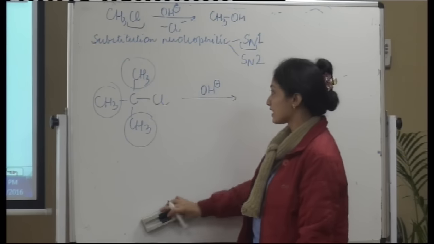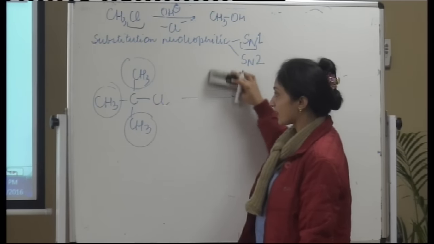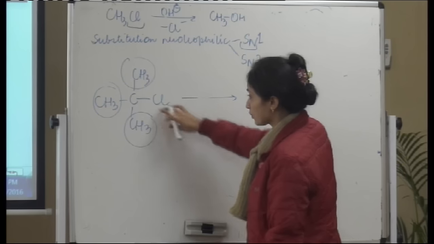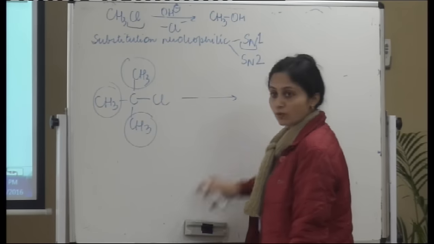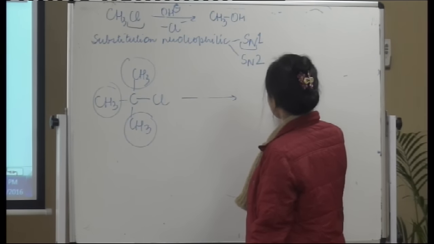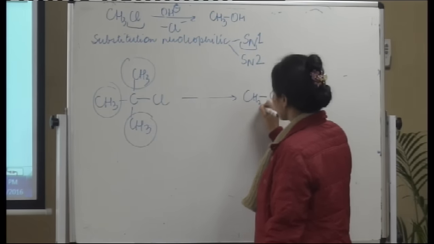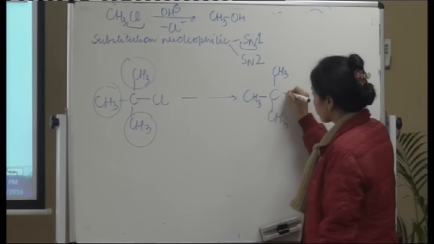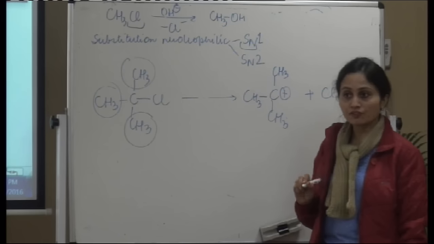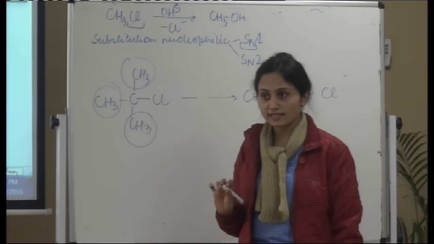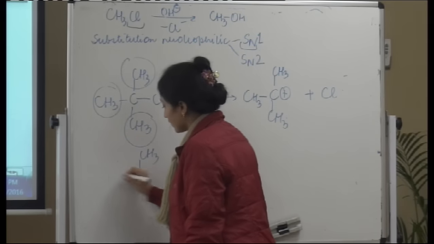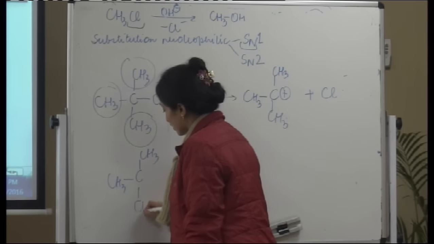So in this case your OH minus cannot attack in one go directly. Because of this, it undergoes one step first, and it will first generate your carbocation, which is highly stable. Once that carbocation is generated, in the next step, there is no need to write, just understand here.